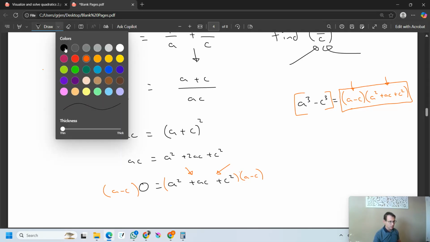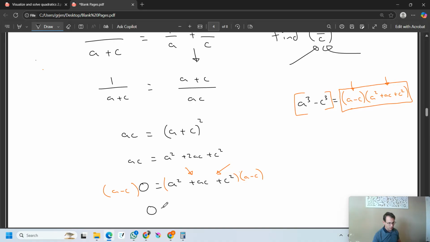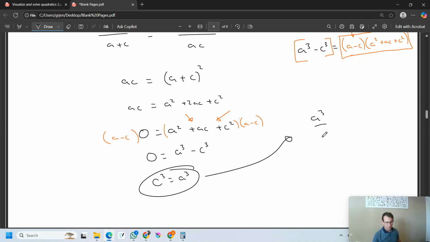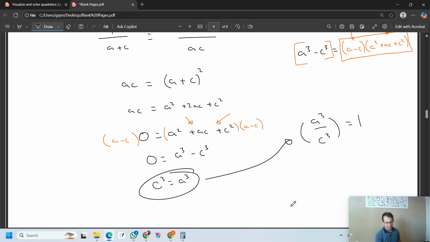Okay? But the other side, we've created this difference of cubes. A cubed minus C cubed. If we flip that C cubed over to the other side, we basically found that C cubed equals A cubed, which really directly tells us that A cubed over C cubed must be 1. Something divided by itself. So that's our shortcut there.